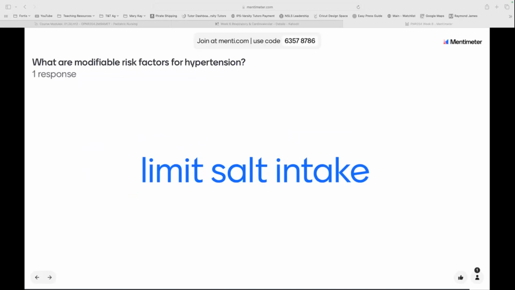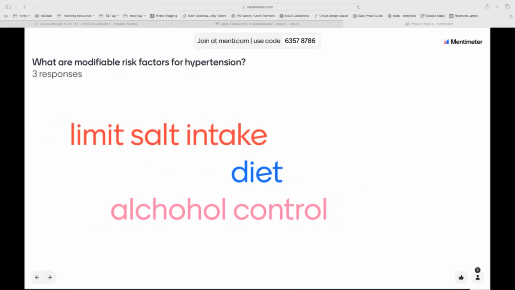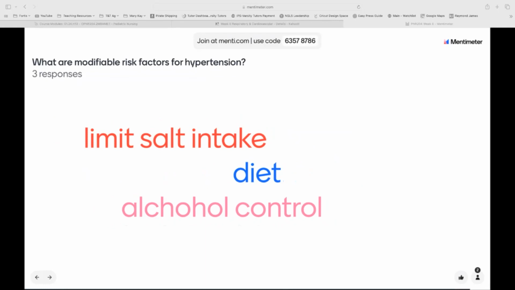Limiting our salt, that's a big one. Smoking, physical activity, excessive alcohol consumption. Keeping track of our blood pressure in a journal or a notebook. Yeah, keeping track. Having an idea of what's going on.